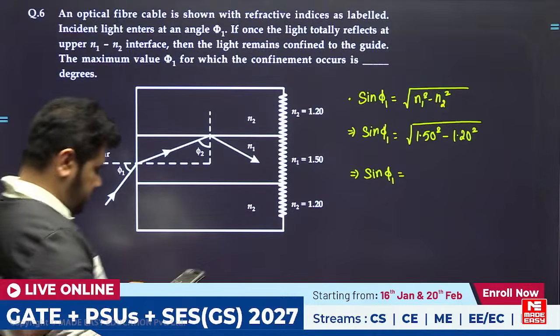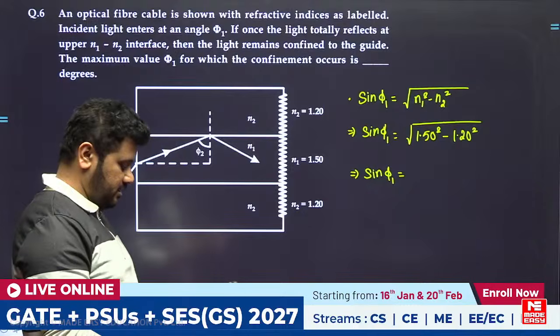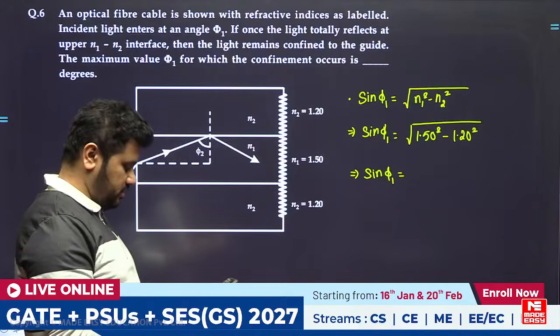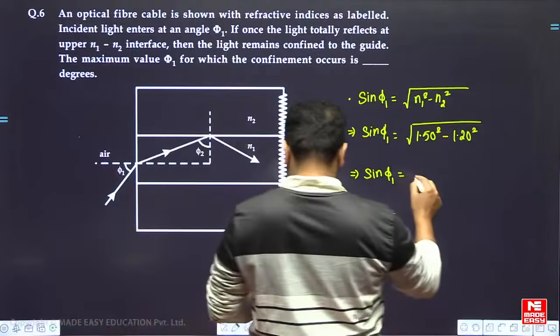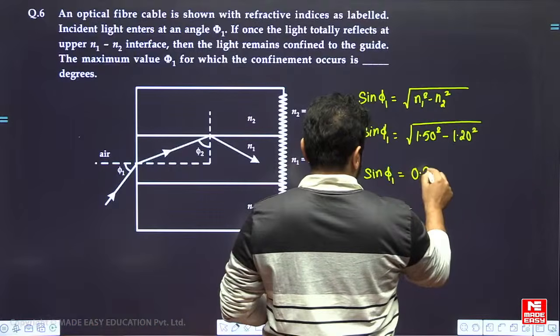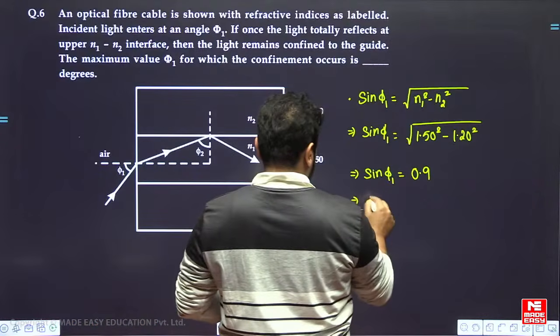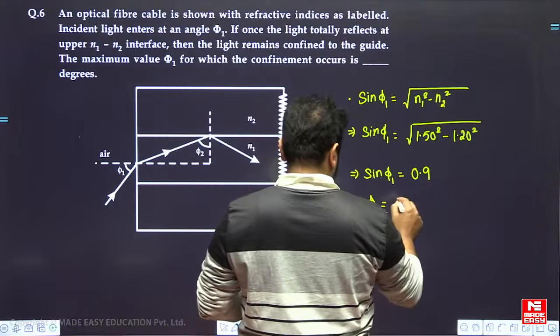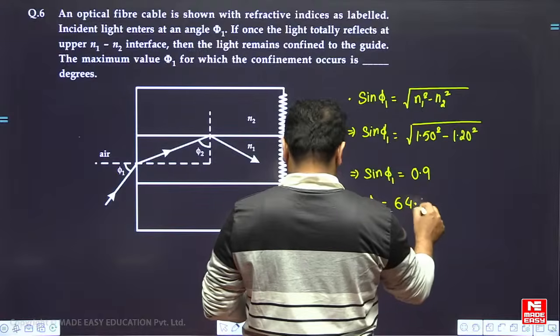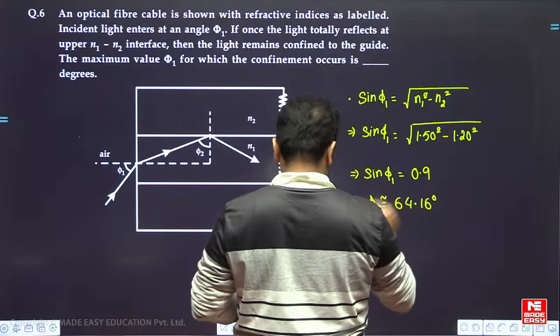Sine of phi 1, so this is 1.50 square minus 1.20 square, so this is coming to be 0.9, right, this is your 0.9. So what is the value of phi 1? So this is equal to sine inverse, 64.16 degree approximately, right.